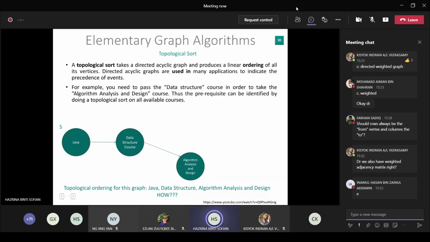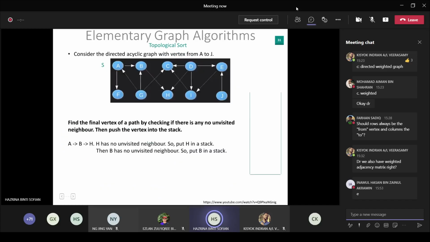We can use the topological sort to indicate which event needs to happen first, followed by the rest of the order. So how are we going to do this? You can watch the video, but let me explain this to you.